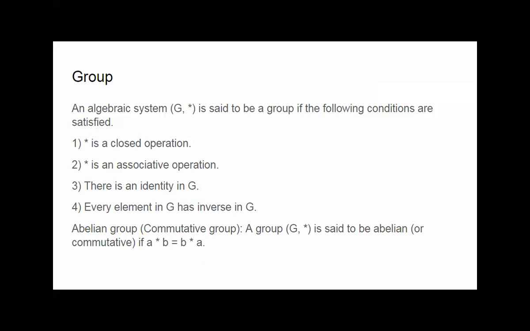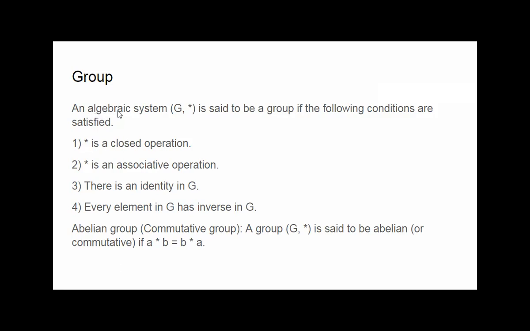Or if we take the number 3, the inverse of that number 3 is 1 by 3, and that is there in the real number set. So the real number set is a group under the operation multiplication or addition. We will see the example, then you will get the idea.